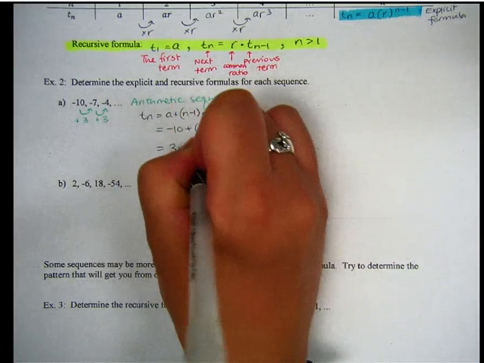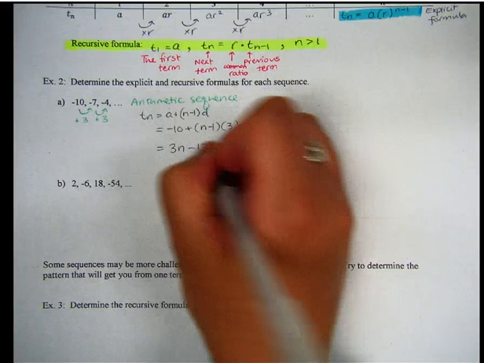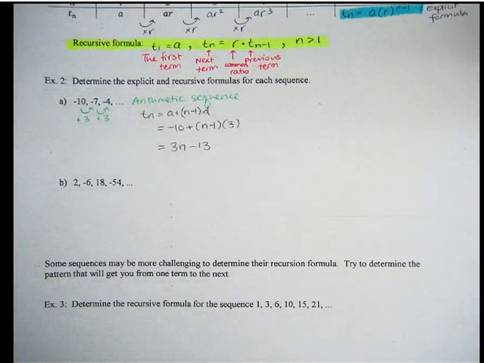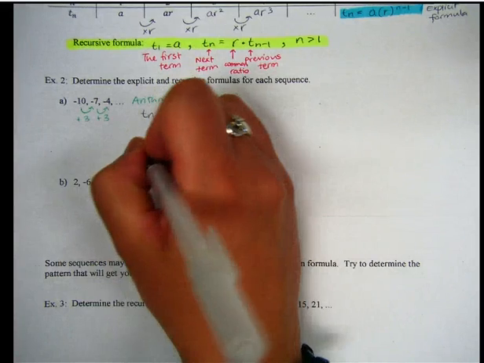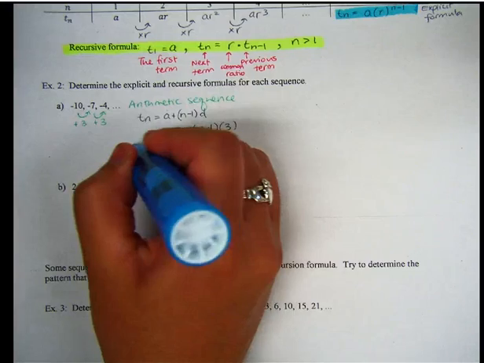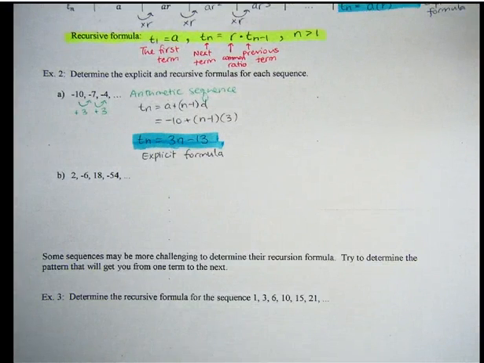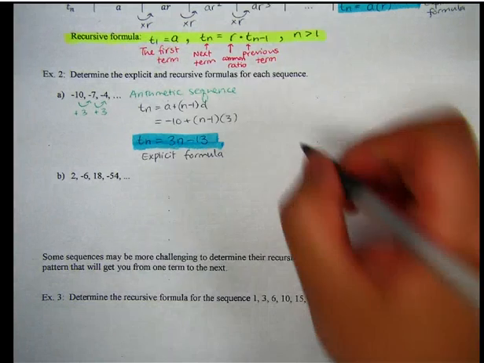And when you simplify, you should get 3n minus 13. And that would be your explicit formula.